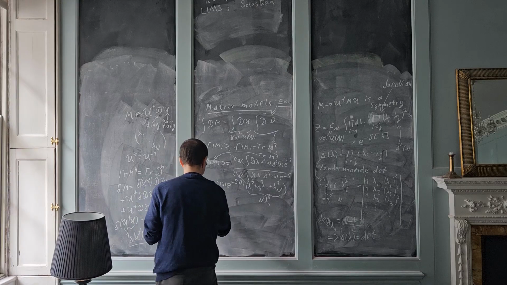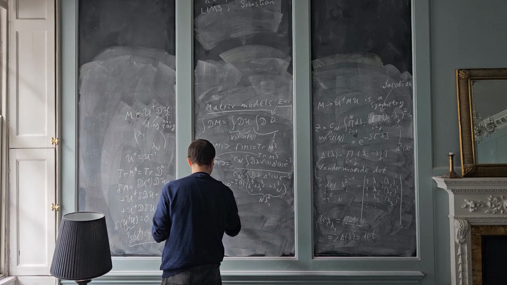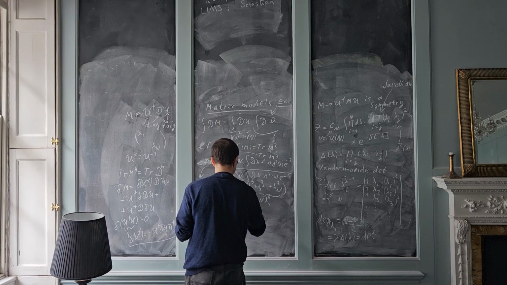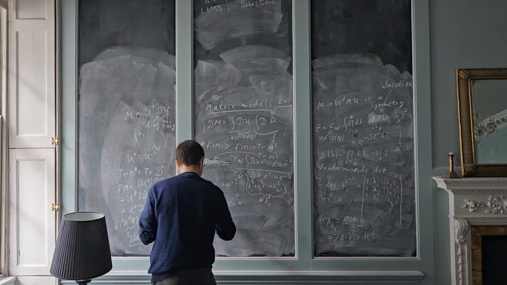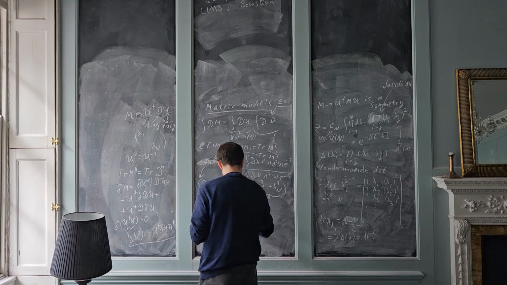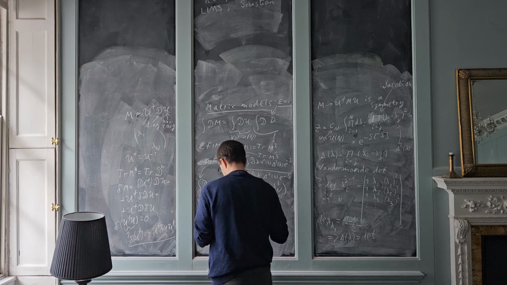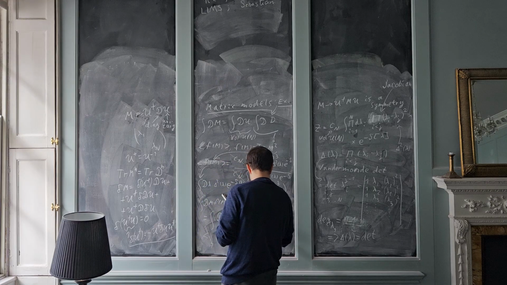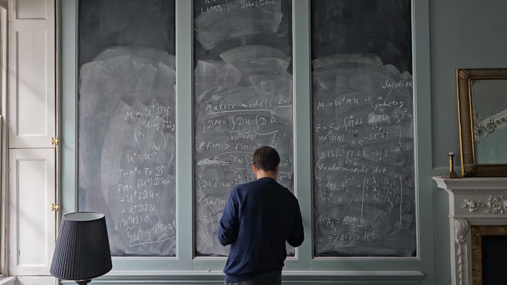So the integral dM f of M e to the minus S will be the integral d lambda N f of lambda_1, let's say, delta squared of lambda, e to the minus S of lambda.